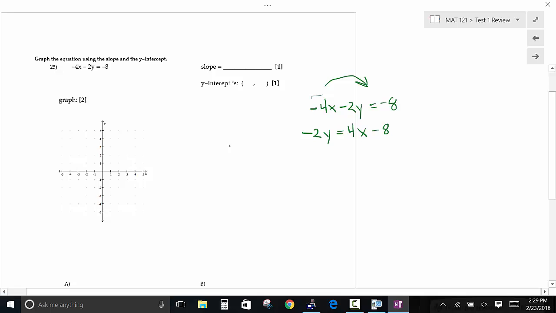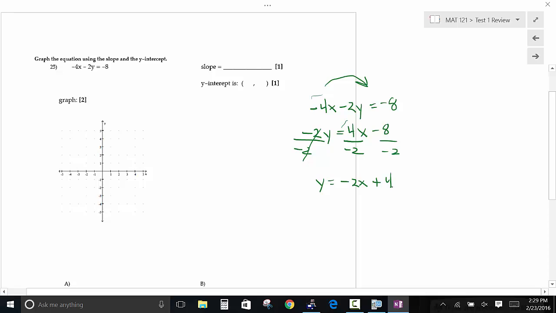Then we divide both sides by negative 2 to finish solving for y. That gives y equals negative 2x, and the two negatives become positive 4 like that.